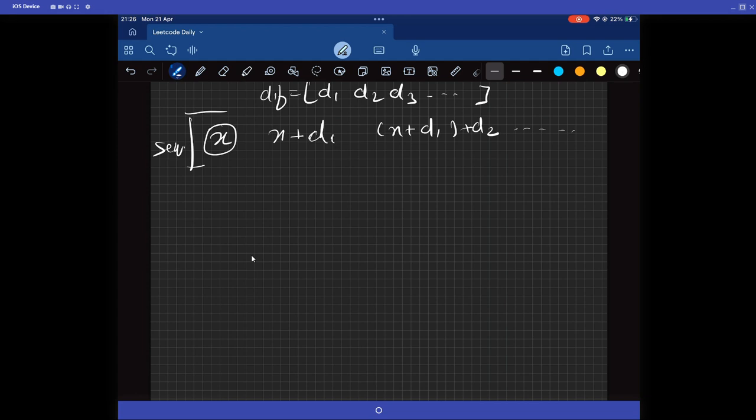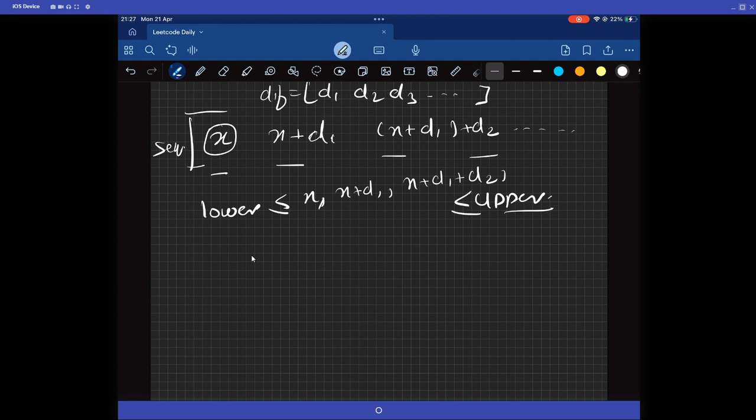Now we need to keep in mind that each element of our sequence must be within the lower and upper limit given in the question, right? So all the elements should be greater than or equal to the lower limit, and x, x plus d1, x plus d1 plus d2 should be less than or equal to the upper limit. So for any x, what is the range of numbers we are getting?